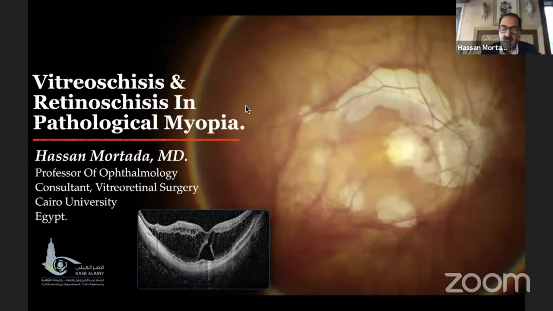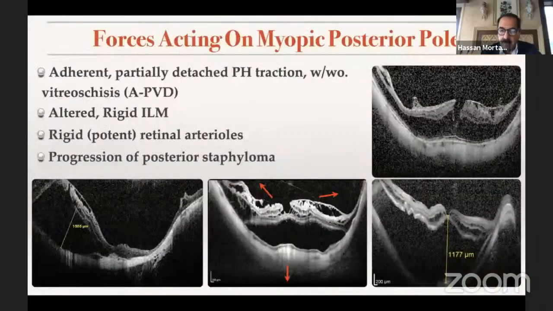My presentation is about myopic traction maculopathies, but I have changed the title a little bit. I would like to stress on the vitreoschisis and retinoschisis in pathological myopia, because this is one of the reasons behind this clinical entity.